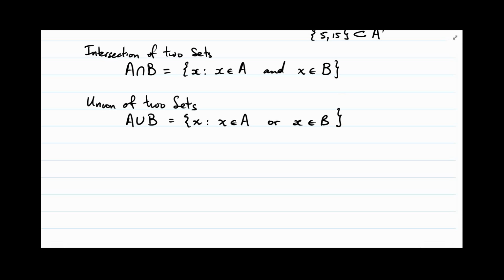So consider, I don't want to make this example too hard, a few examples. Let's take the universal set to be the digits, 0, 1, 2, all the way up to 9.